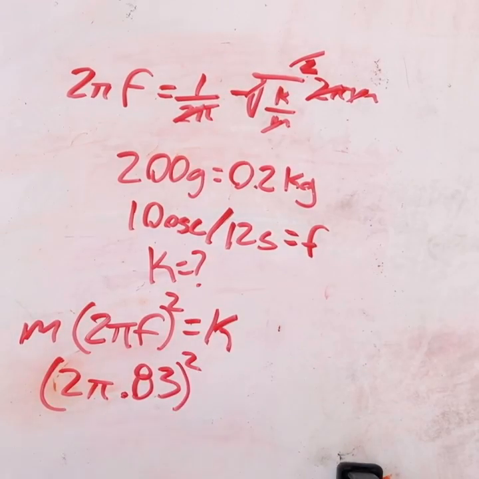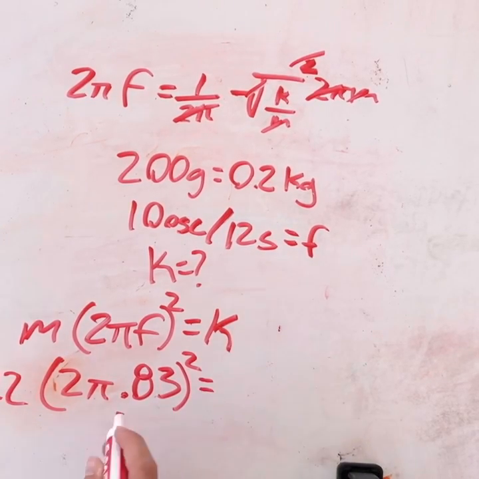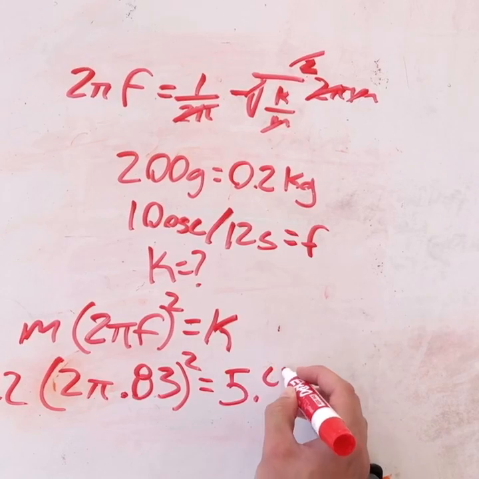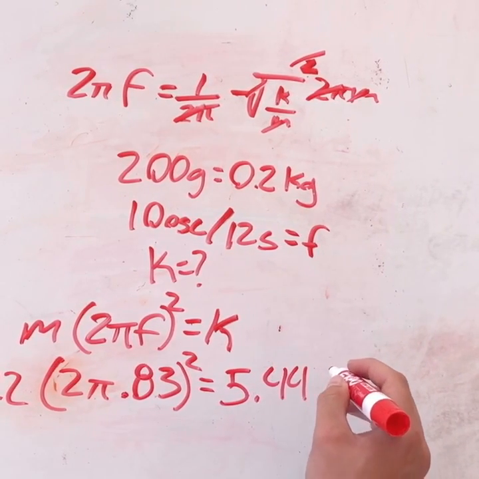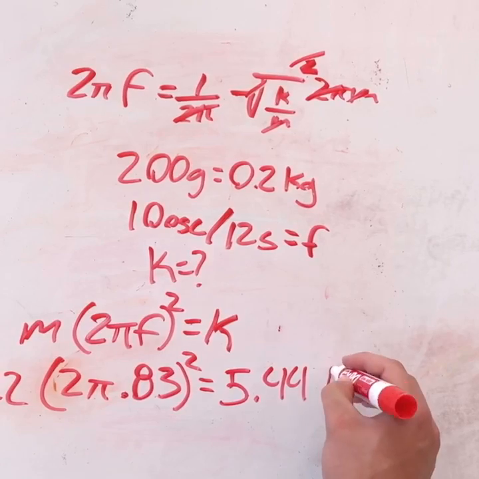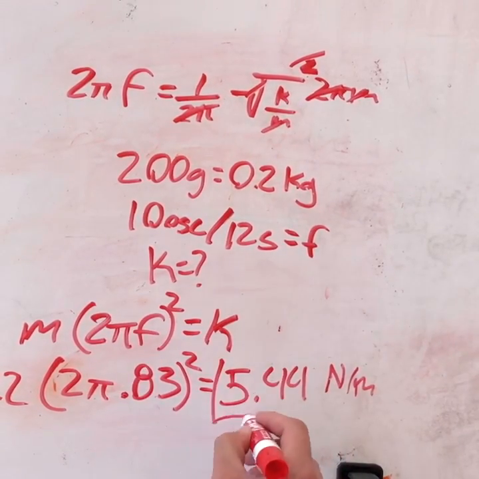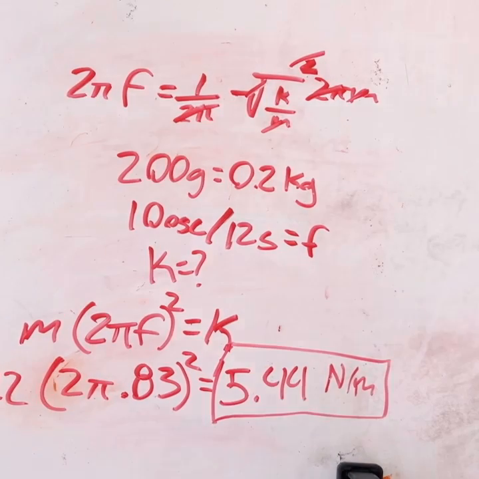We're going to want that to be in kilograms, so we will multiply it by 0.2, and then that's going to be our constant, which when we multiply all out should come out to 5.44. Right, so 5.44. Spring constants come in newtons per meter, so that's going to be our unit there, and that should be your answer for number 18 as well.